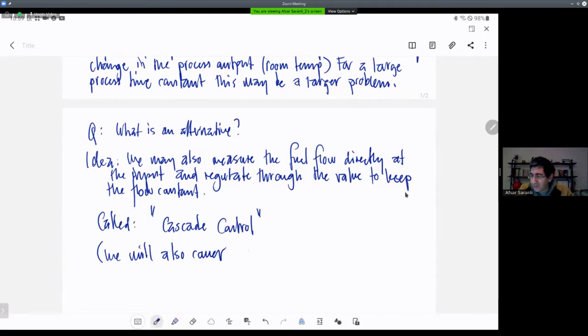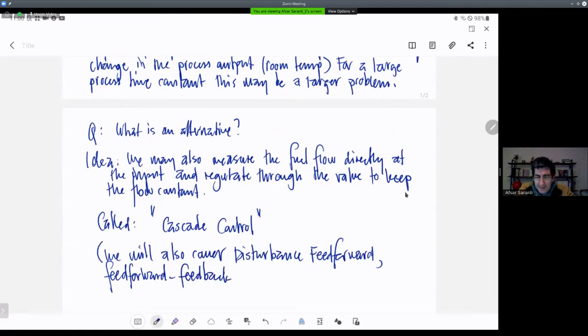Besides cascade control, we will have disturbance feed forward, which translates to measuring the disturbance and acting on the disturbance even before it has a chance to affect the output, and feed forward feedback, which is a combination, and time permitting, something called the Smith predictor, which tries to deal with an ideal time delay and its effect on the plant.